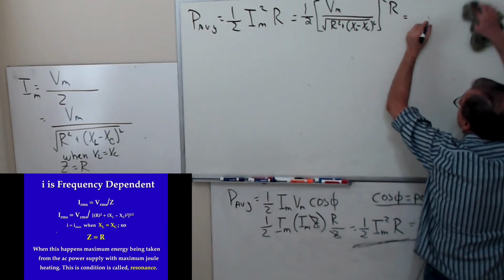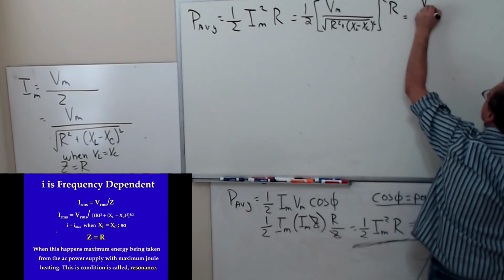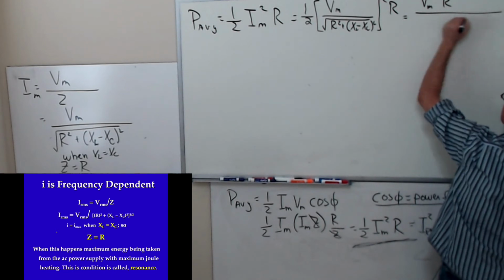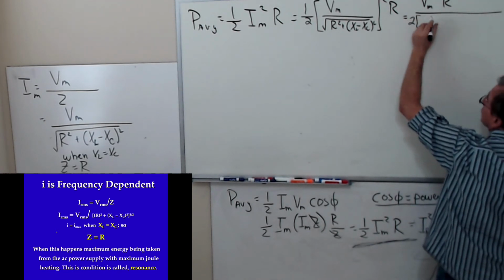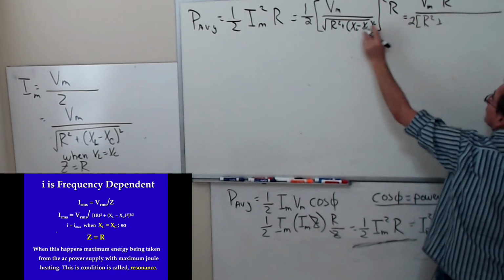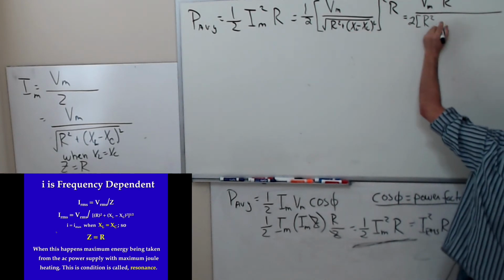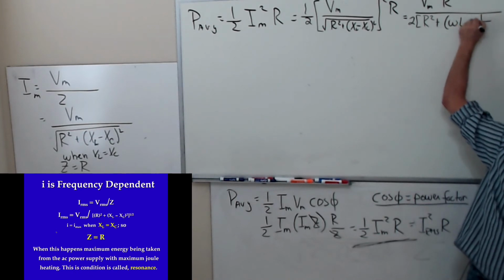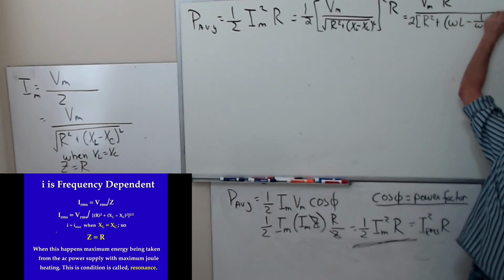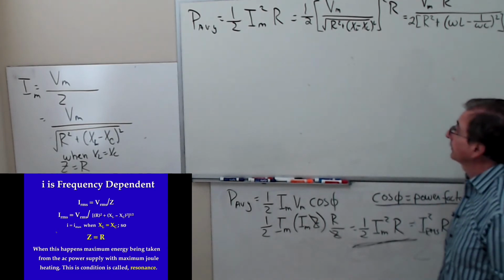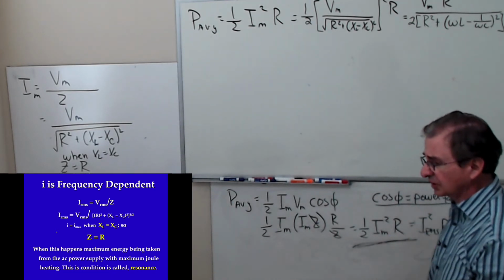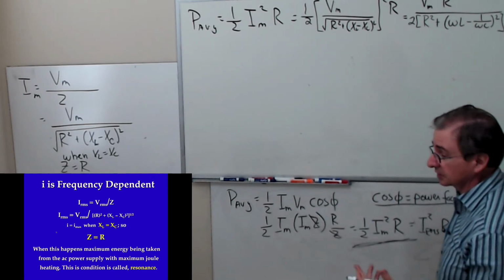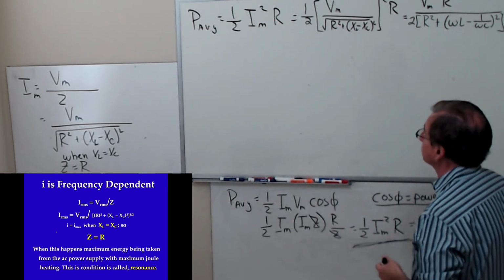It's going to give me V sub m squared R, and then in the denominator, I will have 2 times R squared. And let me write out what these terms are. I'm going to write it in a way that's commonly written, especially in the lab that we're going to do.